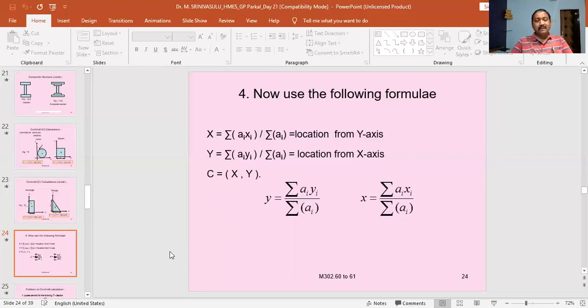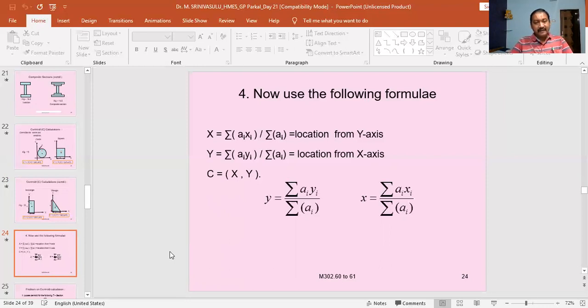Here, suppose the figure has only two rectangles, or two standard areas, in that case a1 into x1 plus a2 into x2 by a1 plus a2.